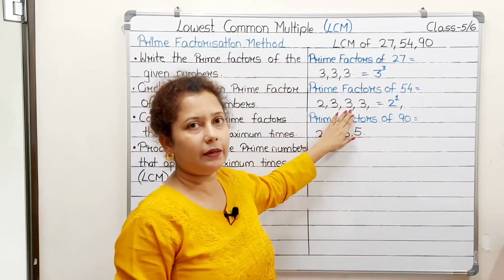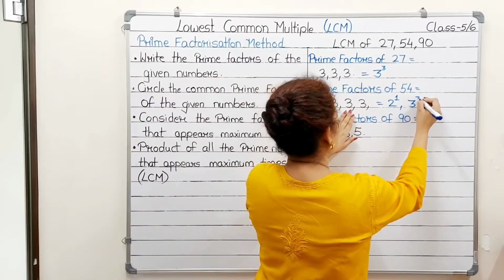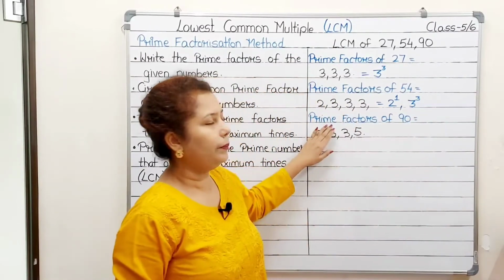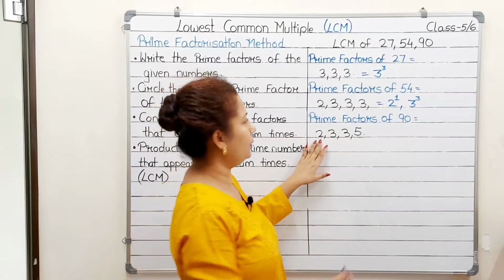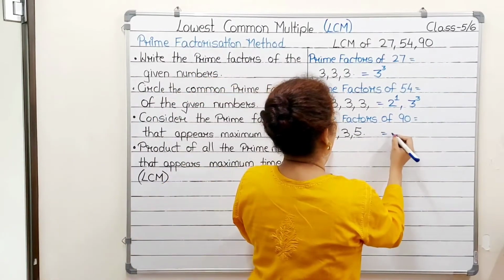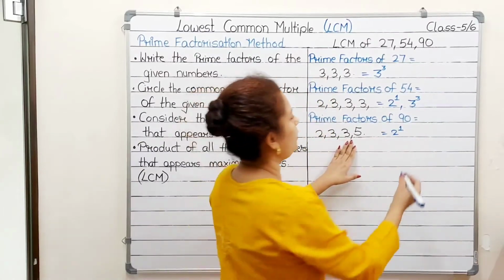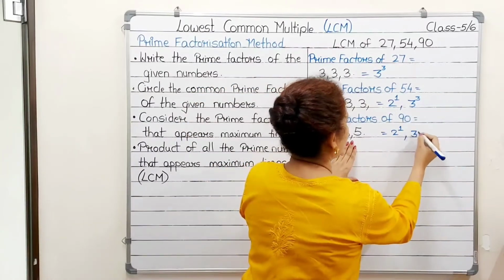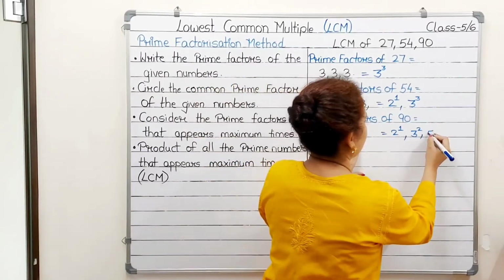And the next prime number, that is 3, is present 3 times. For the prime factors of 90, first is 2, present 1 time. 3 is present 2 times. And 5 is present 1 time.